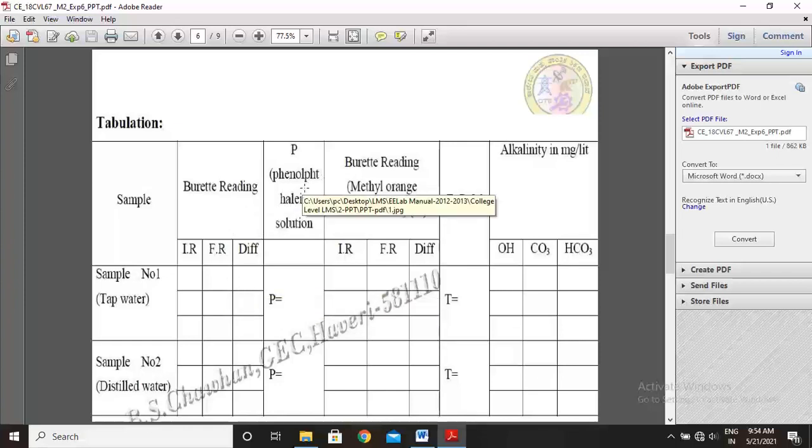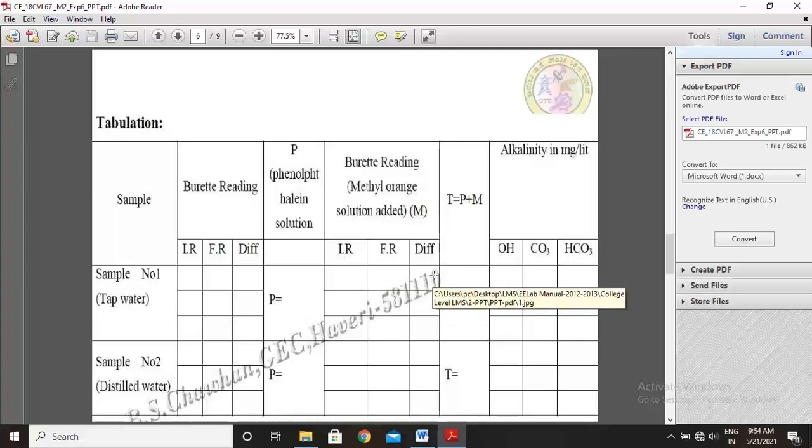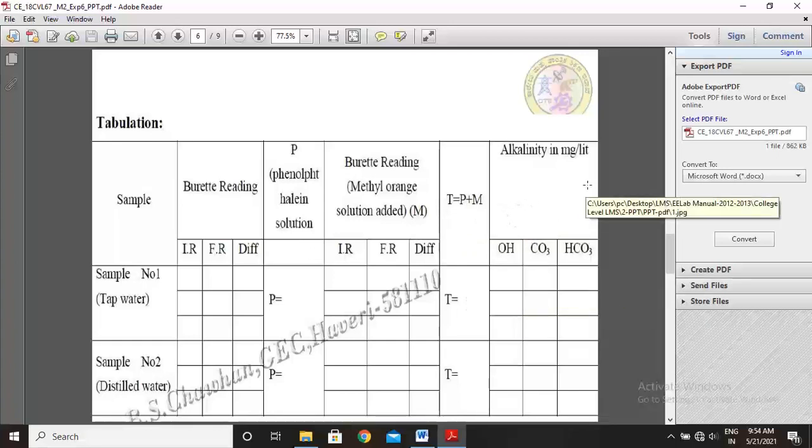For the phenolphthalein solution, the difference is considered as P, and for the burette readings with respect to the methyl orange indicator solution, we denote it as M. Here we take the initial reading, final reading, and then the difference, final reading minus initial reading. Then we calculate T equal to P plus M, total. Then alkalinity in milligram per liter is calculated based on the conditions. That condition I will show in the next step.